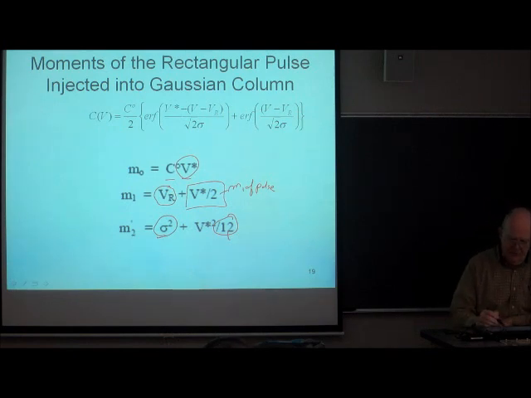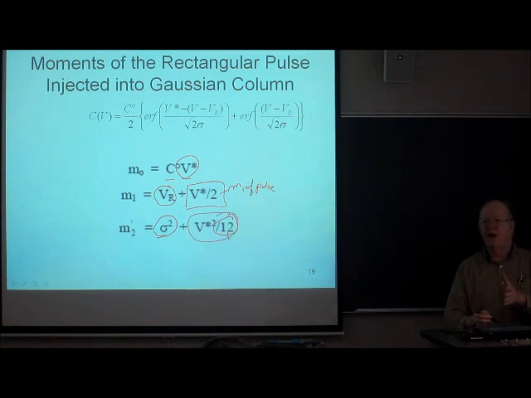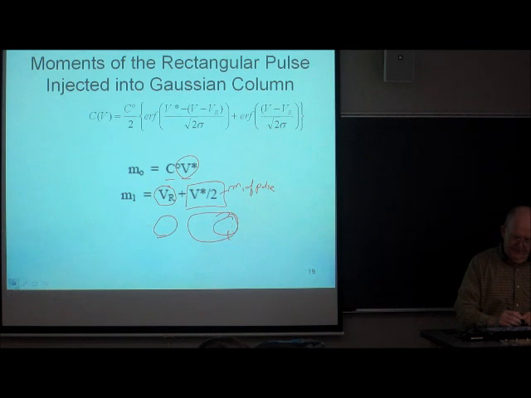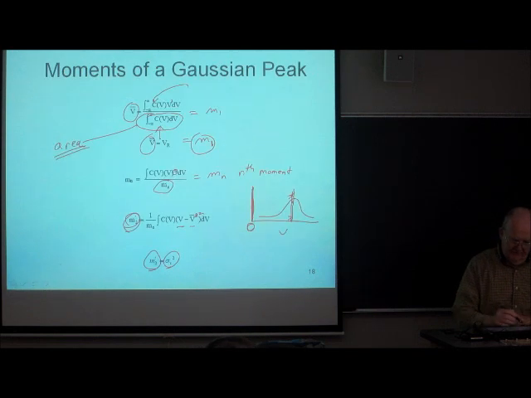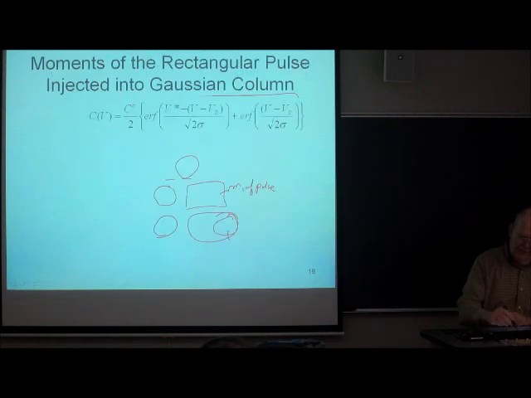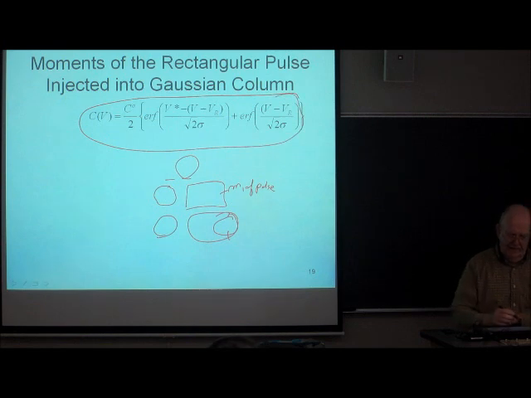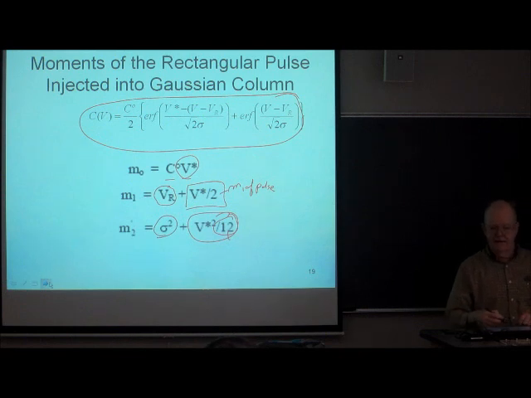If you make sigma squared negligible compared to V star, then the width is totally dominated by the width that you inject. And you don't have to mess around. I'm sorry, I have it written up there. You don't have to worry about that ugly mess. The moments are much easier to deal with than is the actual mathematical solution of the problem.